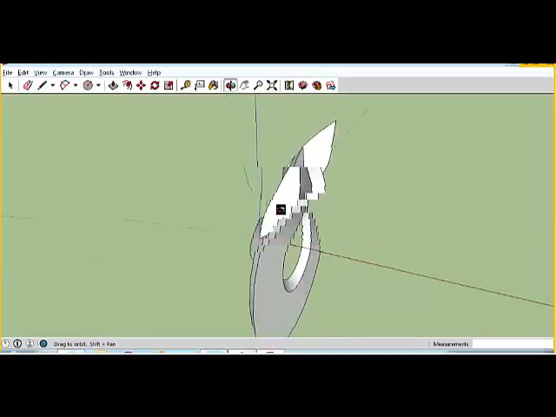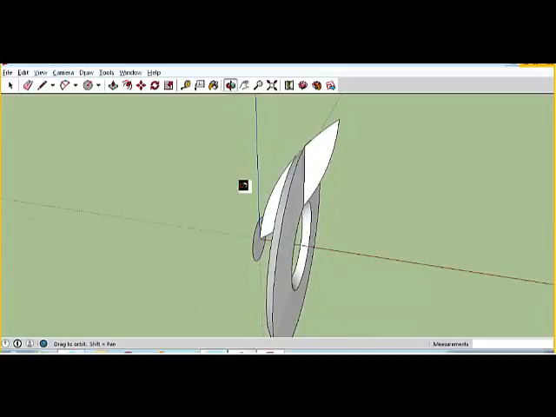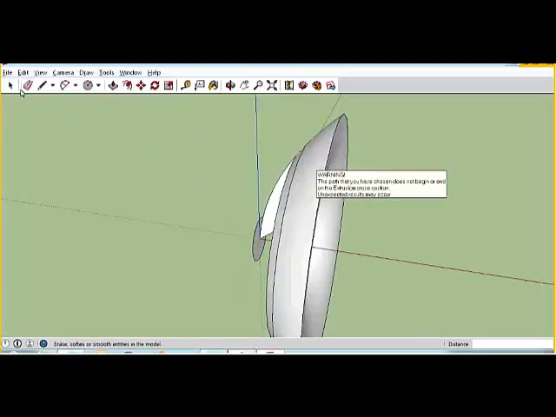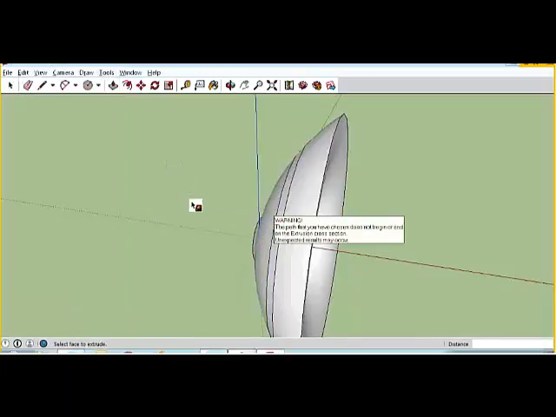So what we're going to do is just do the rest of the shape so you can see what it looks like. So that's what it looks like.